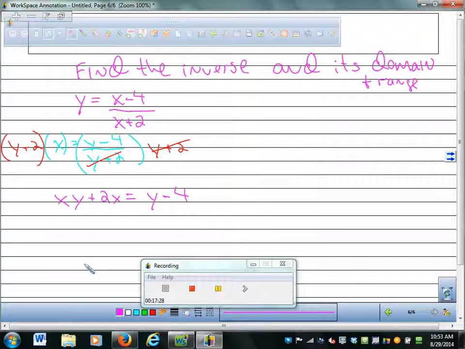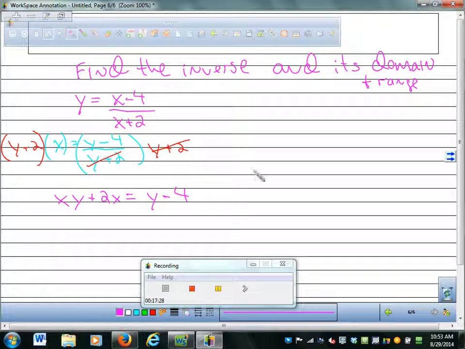Now, how do you solve that for y? Anyone know? Okay. This is where it gets kind of tricky. Anyone know how to get y by itself? I'd leave the 4 by itself. Leave the 4 by itself.